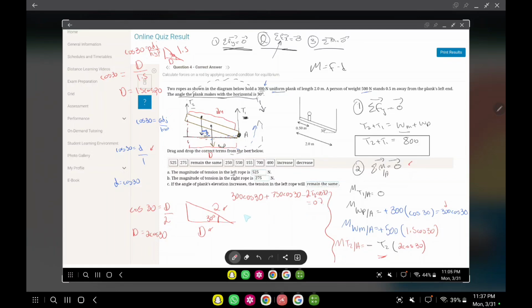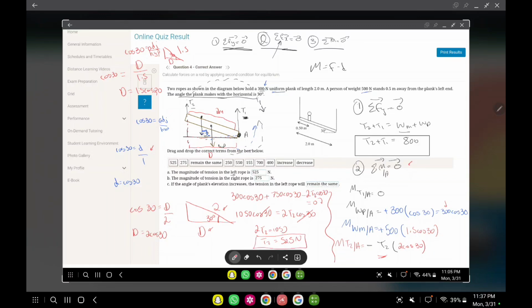Let's take this to the other side. You're going to get 300 plus 750, which is 1050 cosine 30, equals 2T2 cos 30. Obviously you can cancel cos with cos. You're going to get 2T2 equals 1050, and T2 equals 525 newtons.